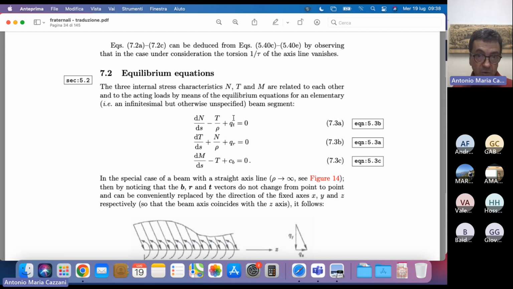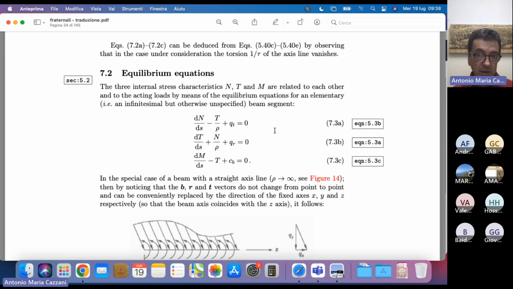Here instead, for external forces, we see that there are tangential distributed loads, radial distributed loads, and distributed couples.